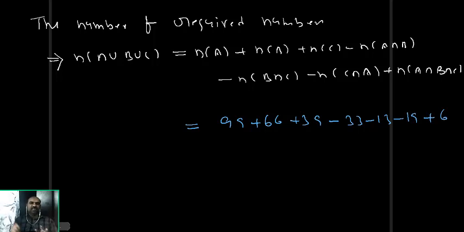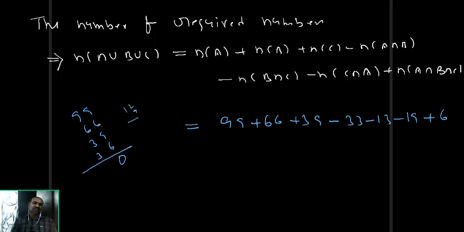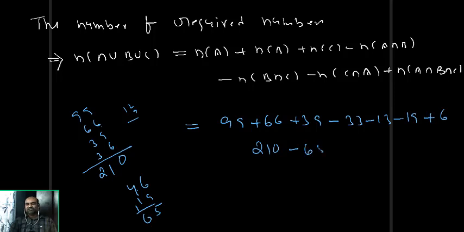Add 99, 66 and 39: 210. Minus 33, 13, 19 gives 65. 210 minus 65 is 145.